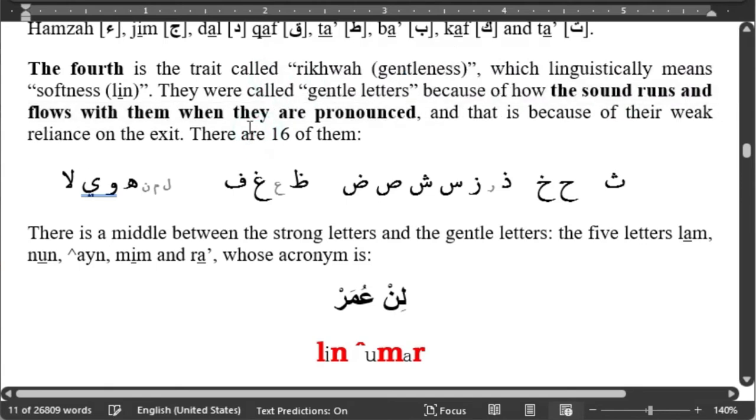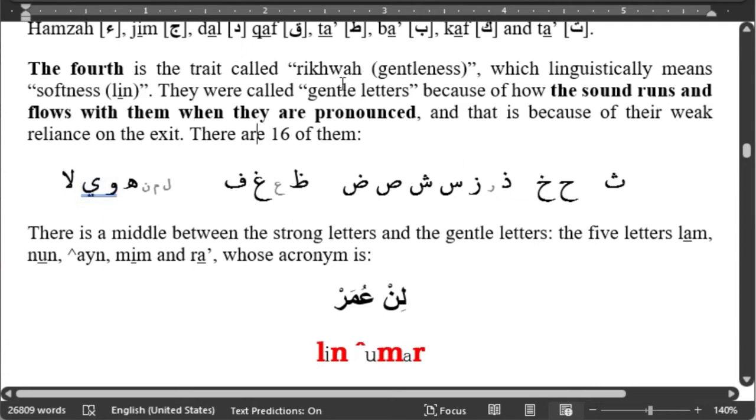That is because of their weak reliance on the exit. There are 16 of them, which are these letters here: tha, ha, kha, dhal, zay, sin, shin, sad, dad, za, ghain, fa, ha, waw, ya, and alif.